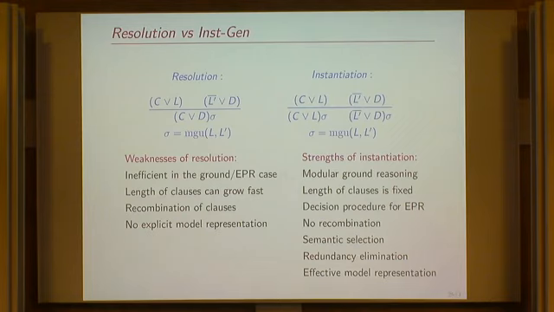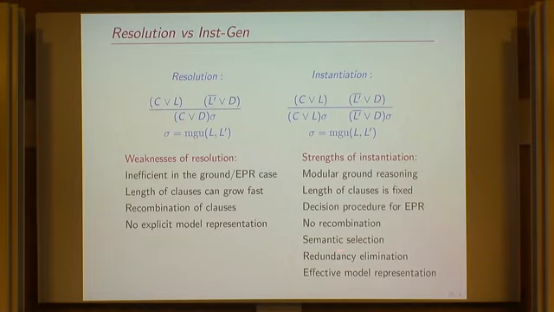First of all, since it's integrated, modular ground reasoning is as efficient as you like on the ground level. If the problem is ground, it will be just SAT solving. The length of clauses is fixed, so they never grow. There is no recombination of clauses. There is also semantic selection.